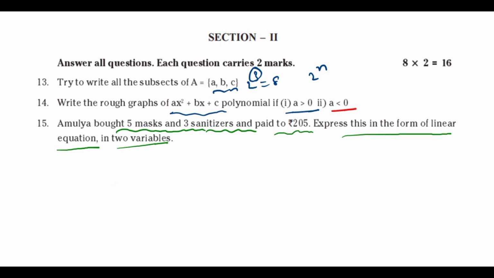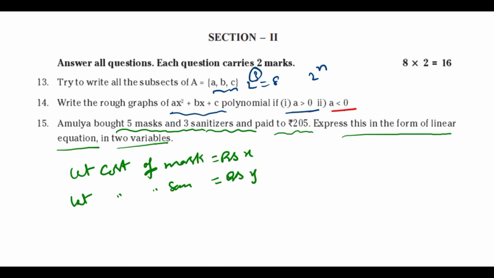Let the cost of mask be rupees X. Let the cost of sanitizer be rupees Y. The total cost is 205 rupees. So how to write this one now?